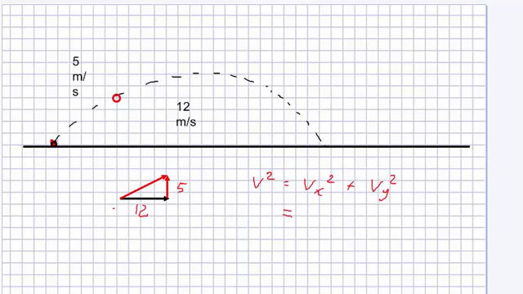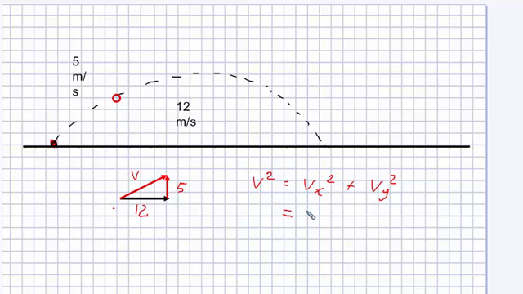So to Pythagoras, our hypotenuse is the total v. That's what we're after. So c squared, in this case v squared, equals a squared plus b squared. So a squared is vx squared, and b squared is vy squared.